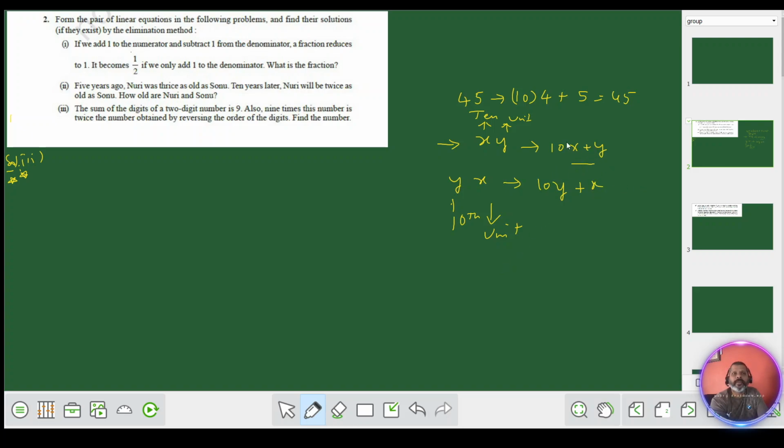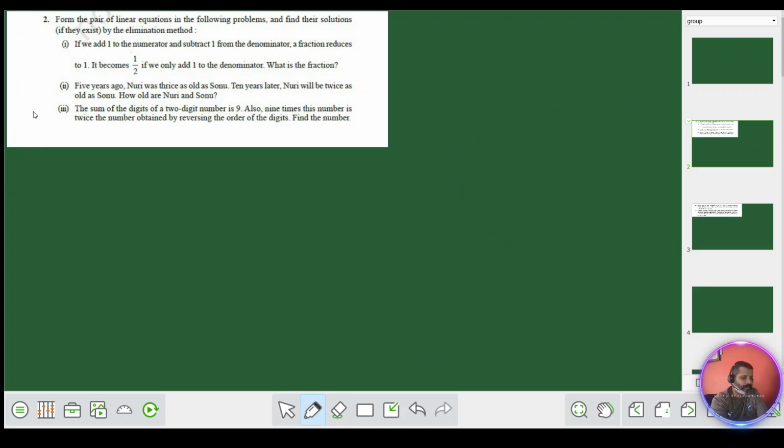This is a very important concept here. So this 10x plus y is a two-digit number where x and y are tens place and unit place digits respectively. Remember that. Okay. Let's read the question. With this knowledge, we'll start the solution here. The sum of the digits of a two-digit number is 9.